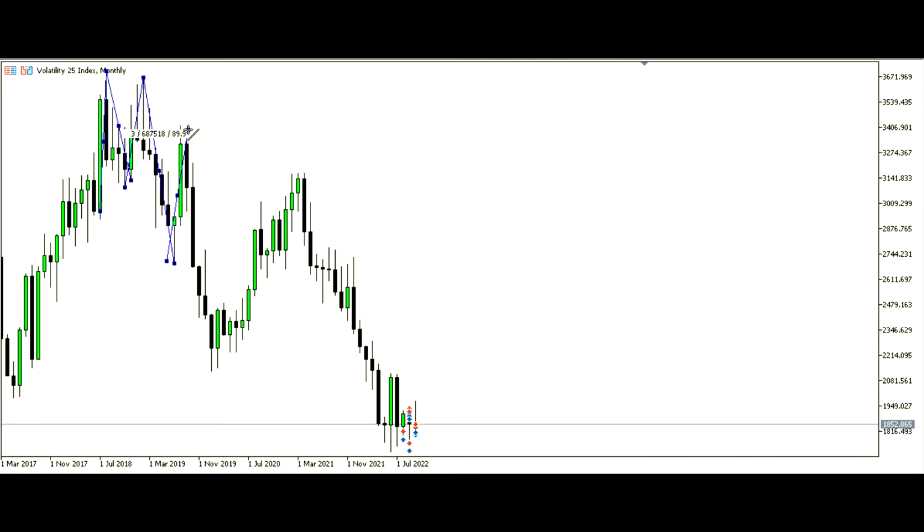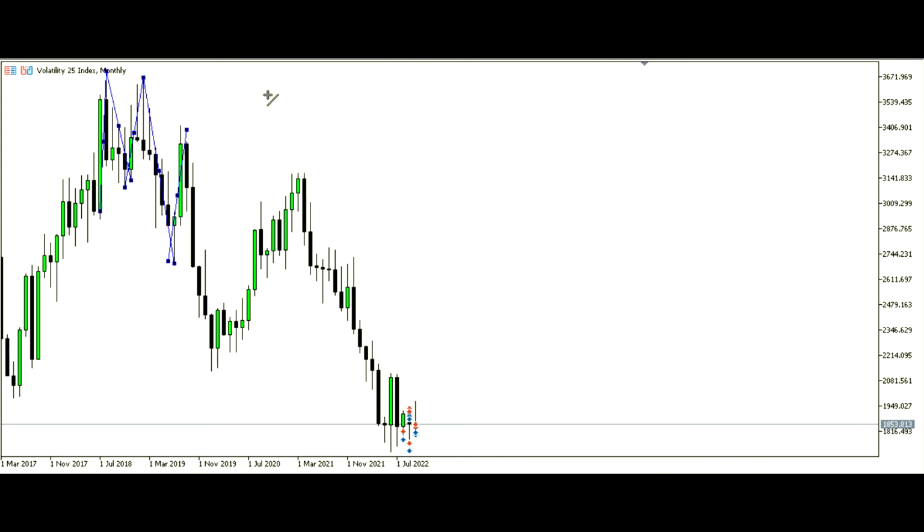Always know that when the market is in a particular direction, for instance if the market is bearish and trading downwards, the current low breaks the previous low, but the current high doesn't break the previous high.